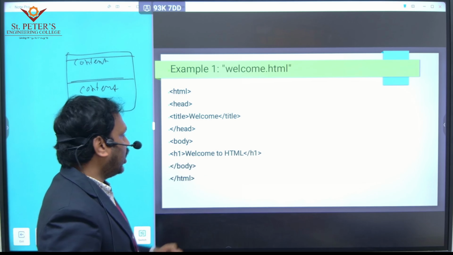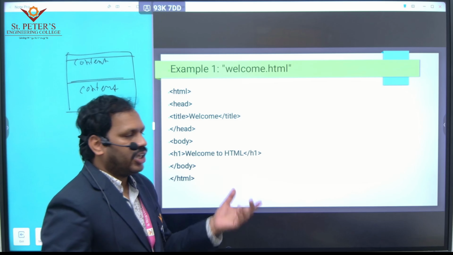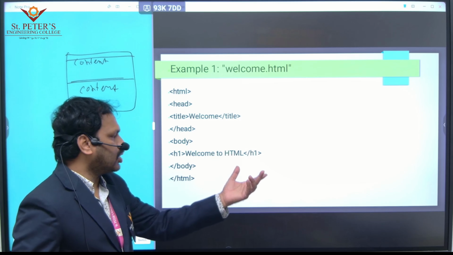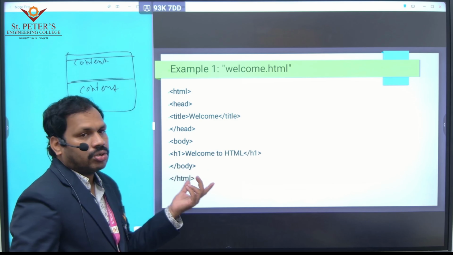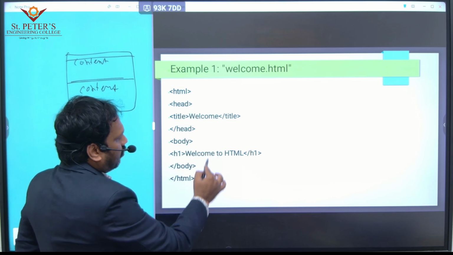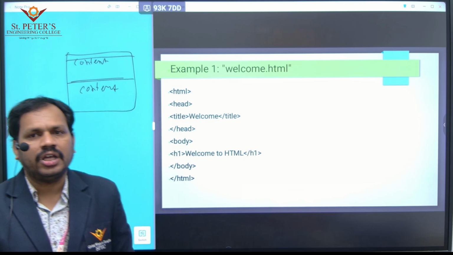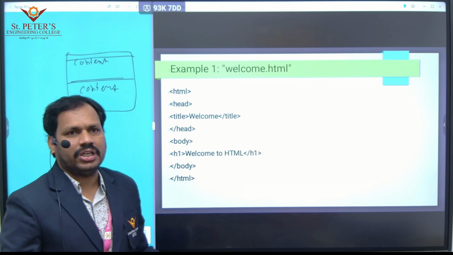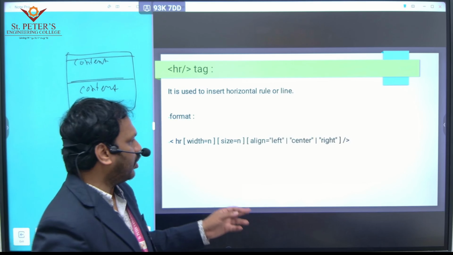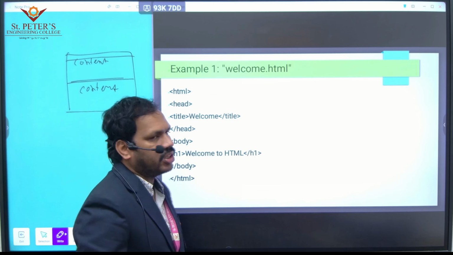And we have taken h1, which is heading 1, and Welcome to HTML page is the content, and we close the h1 tag, the body tag, and the HTML tag. This is the basic format of an HTML page. It is going to display Welcome to HTML in bold letters. It takes the heading style h1 and displays the content on the web page.